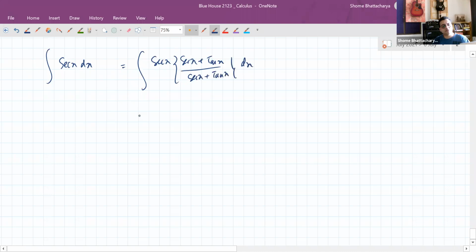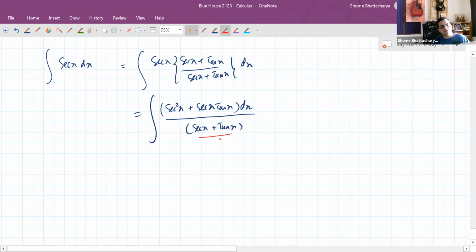And then you observe that it becomes sec square x plus sec x tan x in the numerator divided by sec x plus tan x in the denominator. And now it's a matter of observation that if you take this as z, then this whole term here is dz by dx. So therefore, you substitute z as sec x plus tan x.